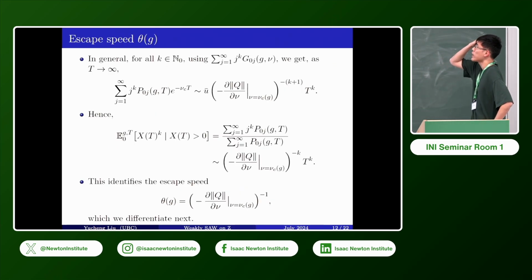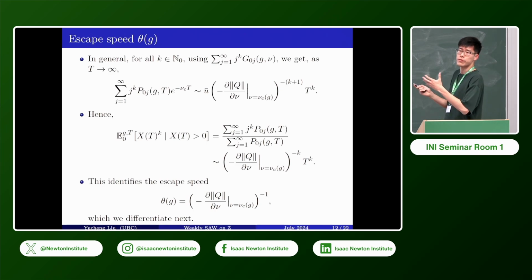And in general, for any integer k, I will look at the kth moment of my G_0j, and using the same representation of the G_0j, I can actually get asymptotics of the sum over j of the kth moment of p_0j, which is just going to look like some constant with the power t to the k.